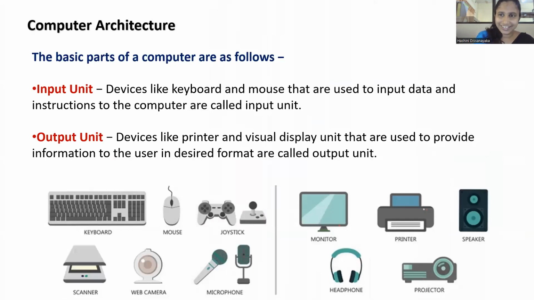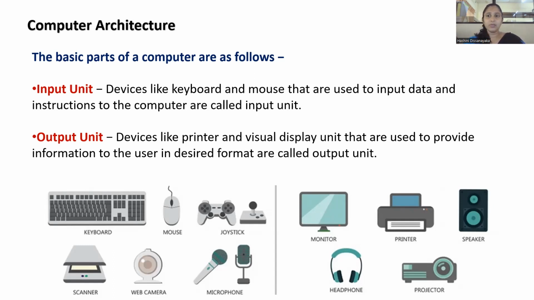Computer architecture, right? Up to this point, you are aware of these things. There are basic parts of the computer system, like the input unit and the output unit. We use input devices to insert data into the computer, like keyboard, mouse, joystick, scanners, web cameras, and microphones, which are shown on the left side of the screen. Output devices are used to get the output after processing data, such as monitors, printers, speakers, projectors, and headphones.